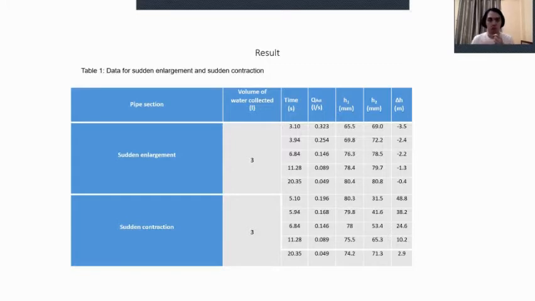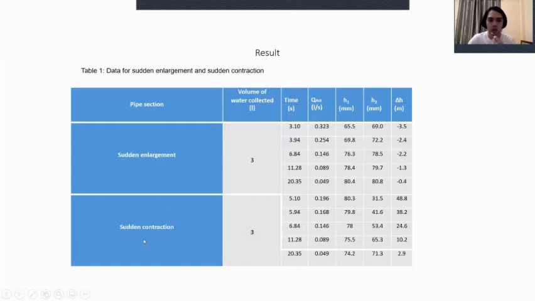My name is Scott Ryan, and for this experiment, I will present the results and the discussion for my group. Based on the results, this is the result that we got from our lecturer's given setup. As you can see, the value of Q actual, which we calculated ourselves, is 1 over time, and then H1, H2, and also delta H, which is the difference between H1 and H2.